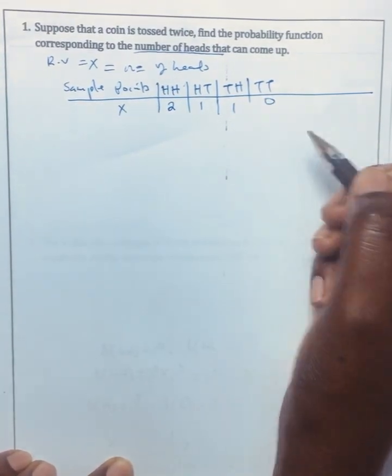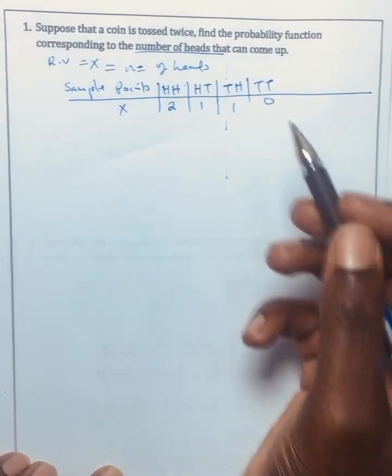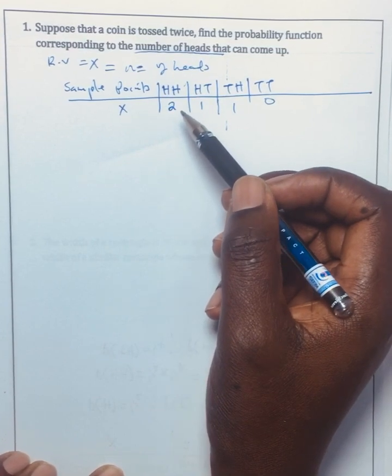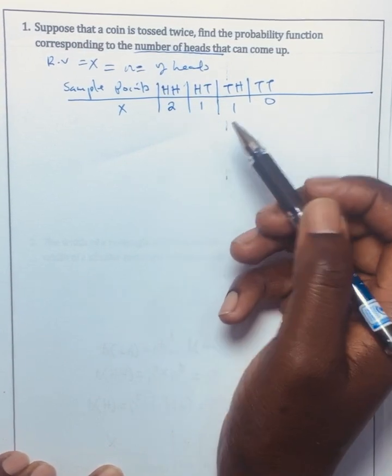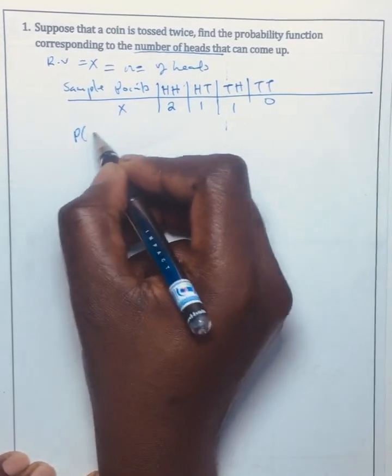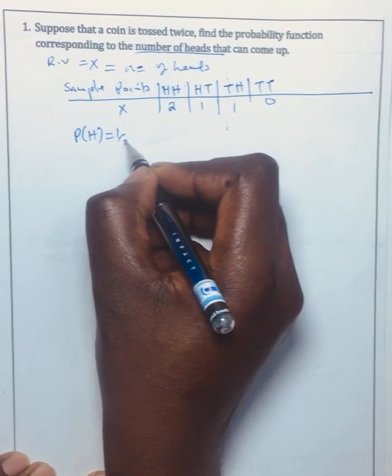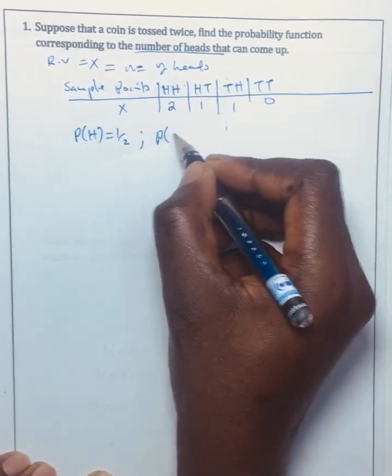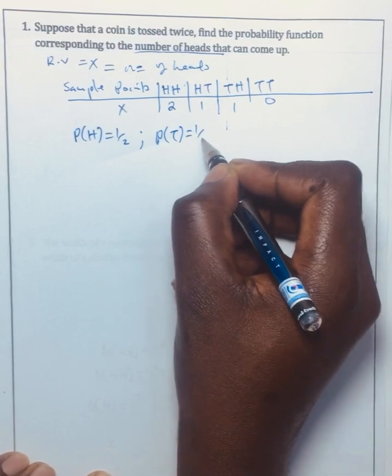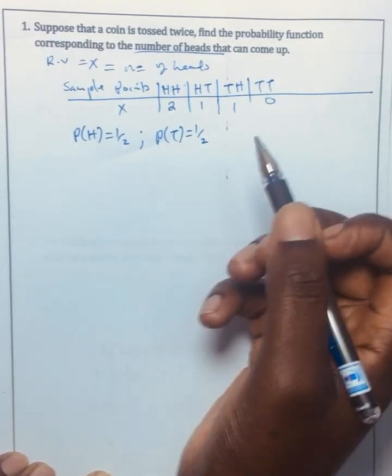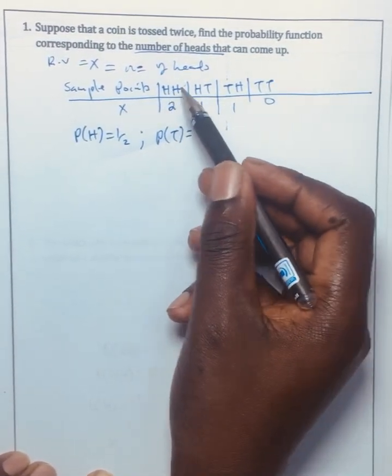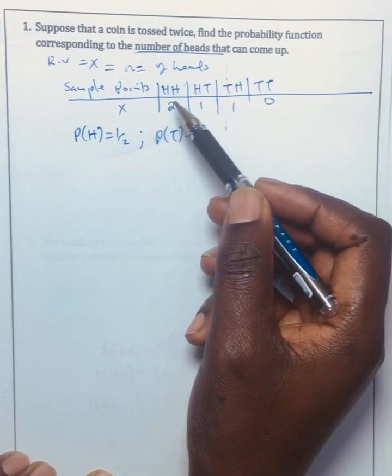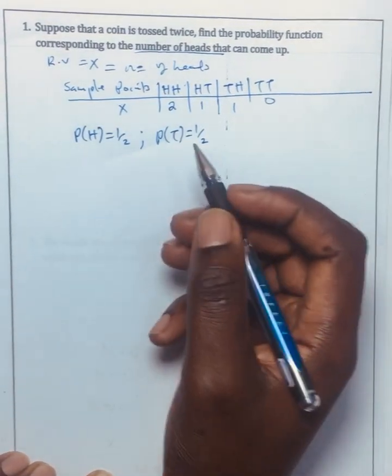Assuming this coin is fair and not biased, you expect the probability of getting a head to be half, and the probability of getting a tail to also be half. In these two tosses, every outcome excludes the other, so they are mutually exclusive.